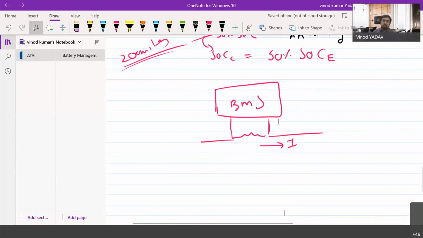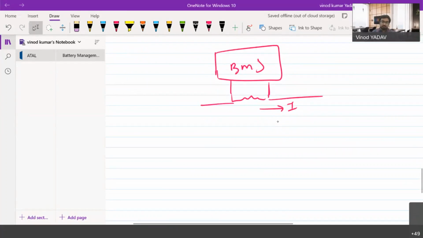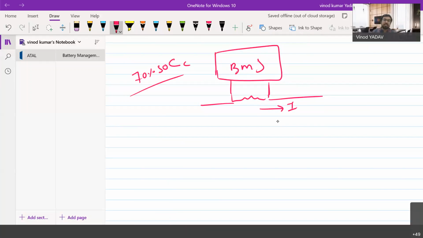So if we draw the curve, for this example we have 70% SOC. That means 30% charge has flown.